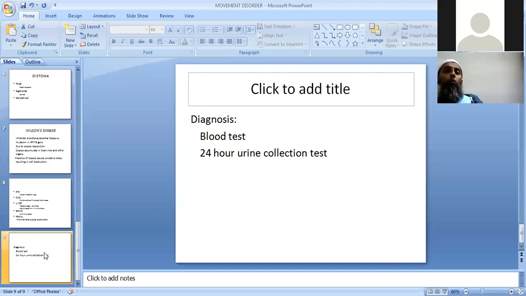Penicillamine will help in chelating and bringing the copper out of the cells, and zinc will help keep the levels down by preventing absorption of copper from the gut. So first, treatment will be penicillamine induction, and once this is controlled, you go for zinc sulfate throughout your life to keep your copper levels low.